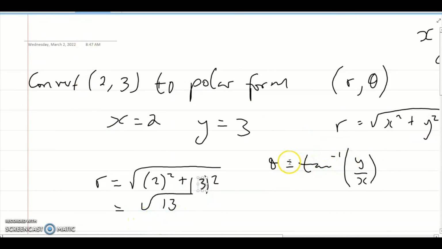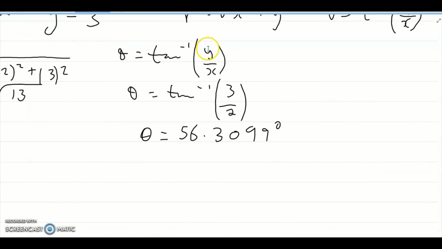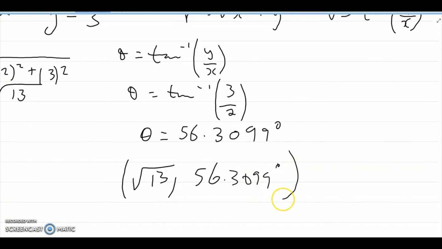And for theta, when we plug in our y and our x, we get 56.3099 degrees. So the point in polar form will be (root of 13, 56.3099 degrees), which you can write in radians. You know how to convert to radians.